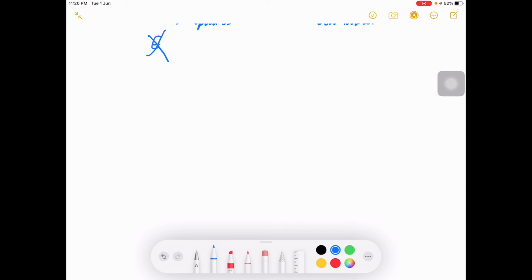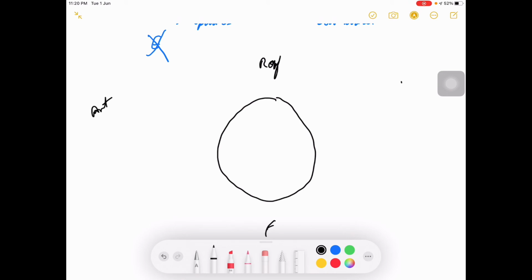Now we'll talk about the sensory nerve supply of the EAC. Firstly, we talked about EAM. Now we'll talk about EAC. This is your roof of EAC. This is your floor. This is anterior. This is your posterior. Okay. So remember that the anterior part and the roof are supplied by the auriculotemporal nerve.